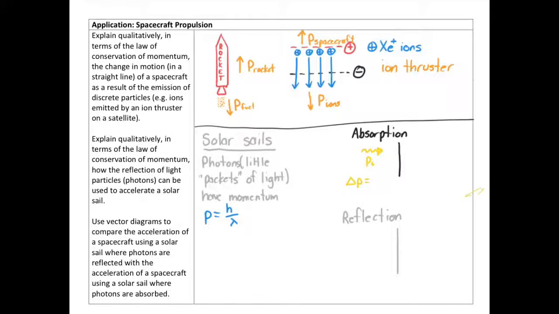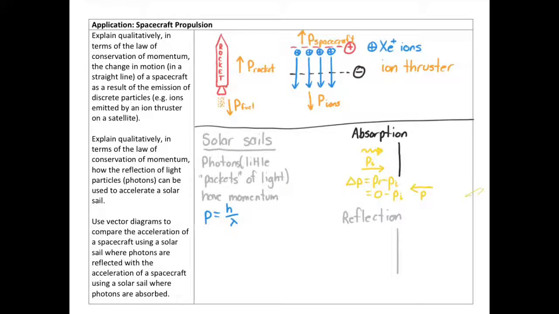Maybe I'll write that out. Change in momentum equals the final momentum minus the initial momentum, which is equal to 0 minus pi. So if we represent the initial momentum of the photon with that sort of arrow, that means that the change in momentum is minus that, so that gives us a change in momentum of a magnitude p.